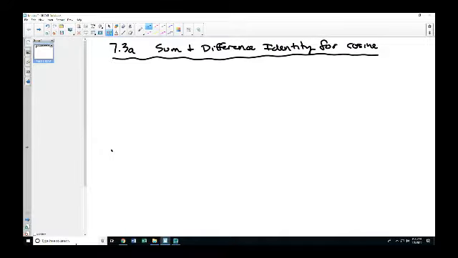Or two, there are two identities. It's a sum and difference identity, but they're combined for cosine.